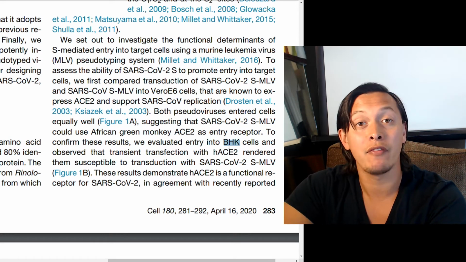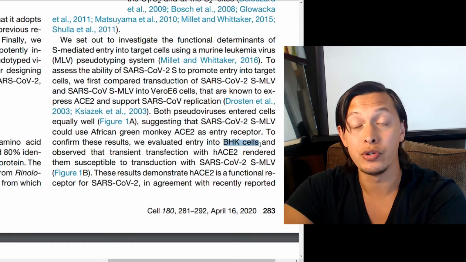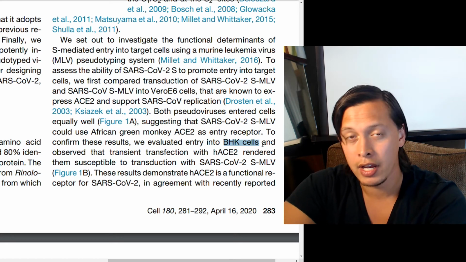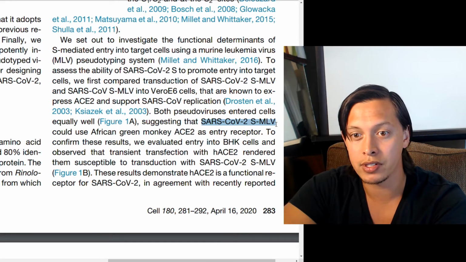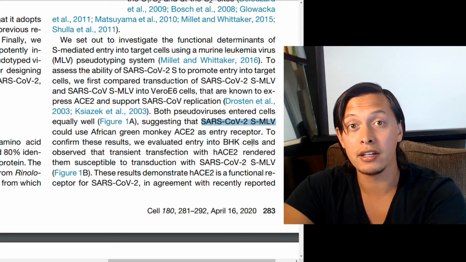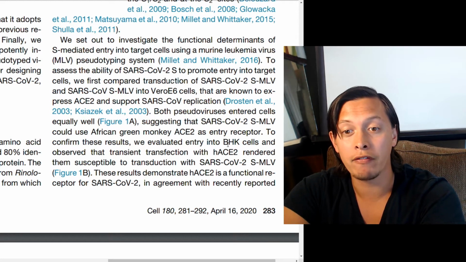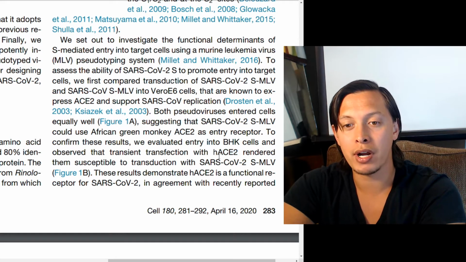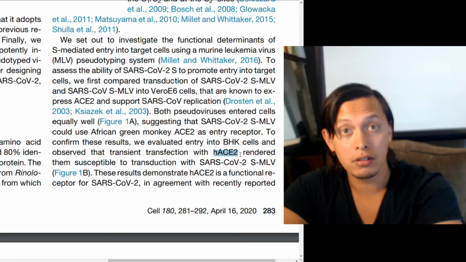And since we know that these original BHK cells do not have the receptor, we can test to see if our virus that we've produced is able to infect them. And it's not able to infect them normally.